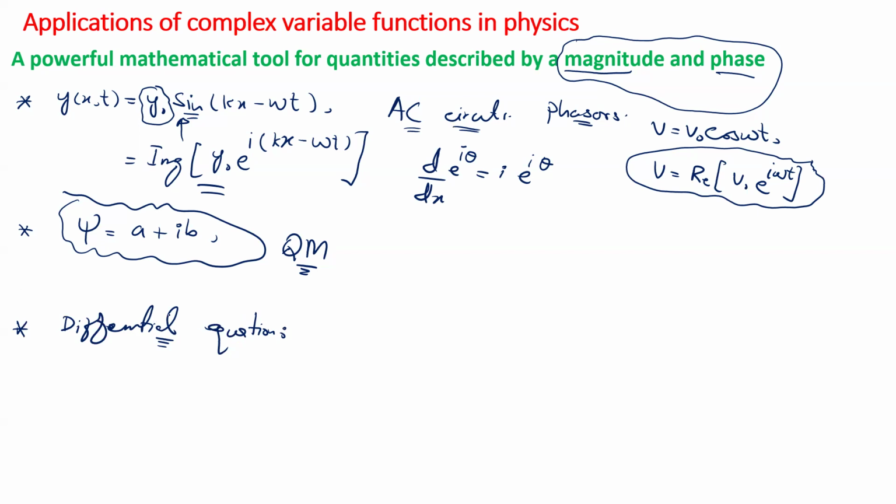In physics also we do a similar kind of thing, that we move the differential equation to the complex plane, and then we solve in that plane, and then take the real and imaginary part, because in the complex plane, these are the kind of functions which can be easily handled with respect to derivatives and integration. So differential equations can be solved easily by using this complex analysis.